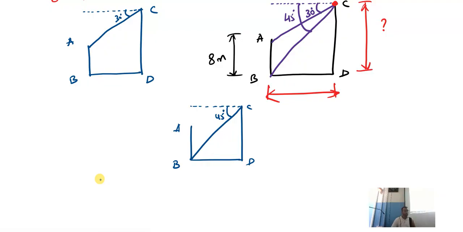For the top, the angle of depression is 30 degree. This is case 1. Case 2: the second angle of depression to the bottom is 45 degree.